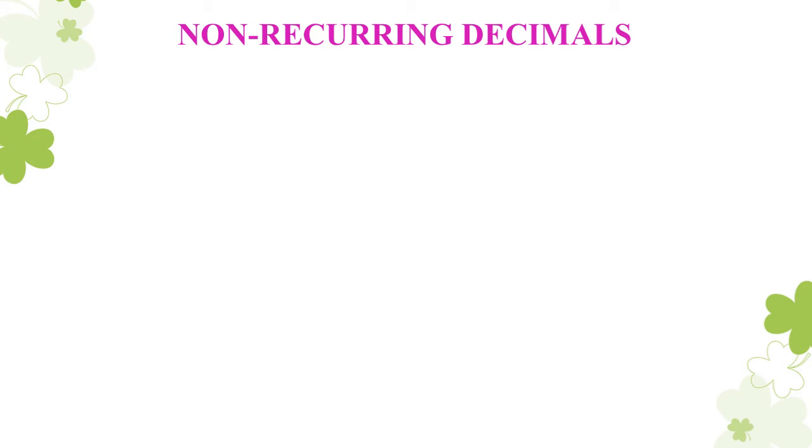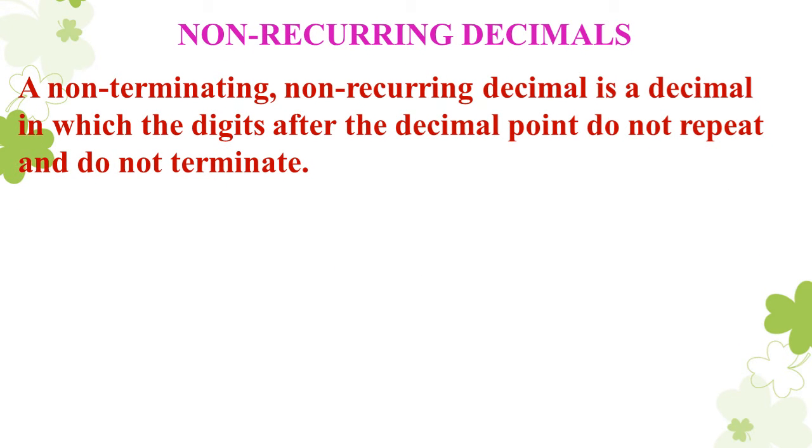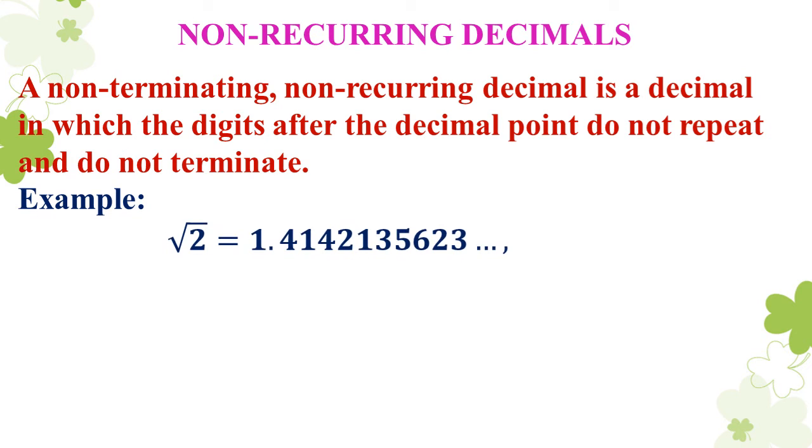Next, non-recurring decimal. A non-terminating, non-recurring decimal is a decimal in which the digits after the decimal point do not repeat and do not terminate. Example: root 2 equals 1.414213562 and so on.